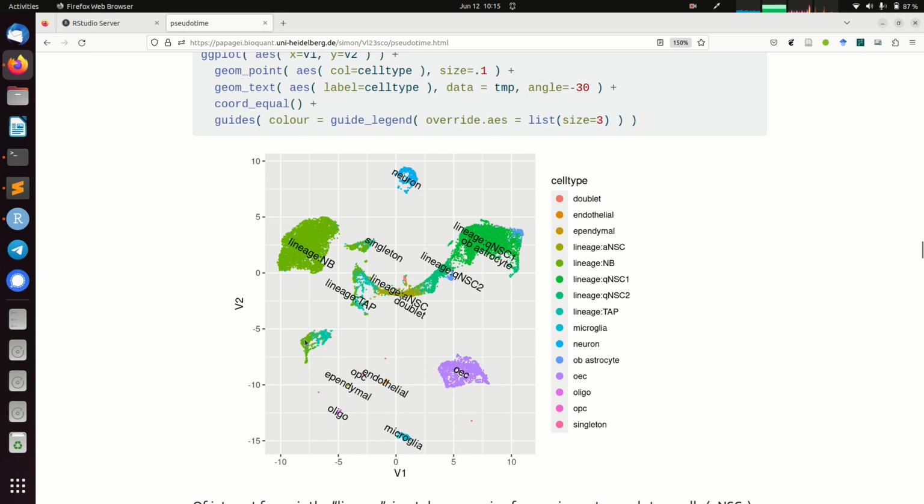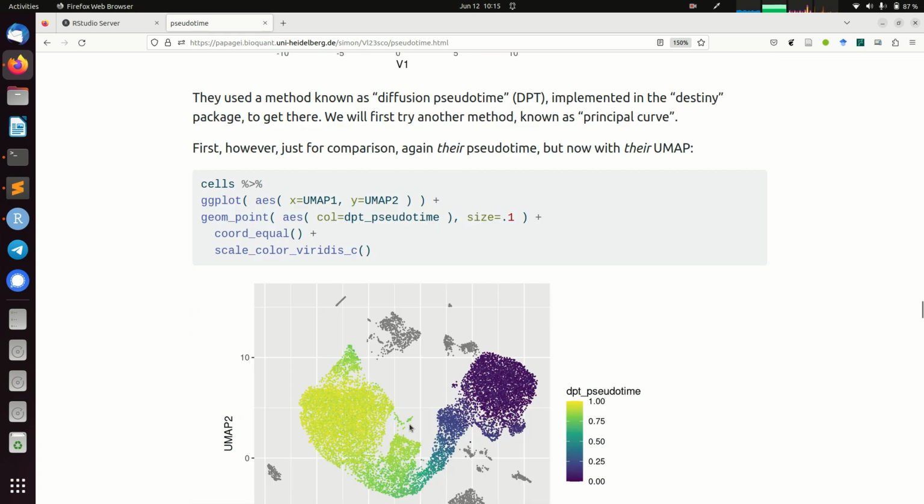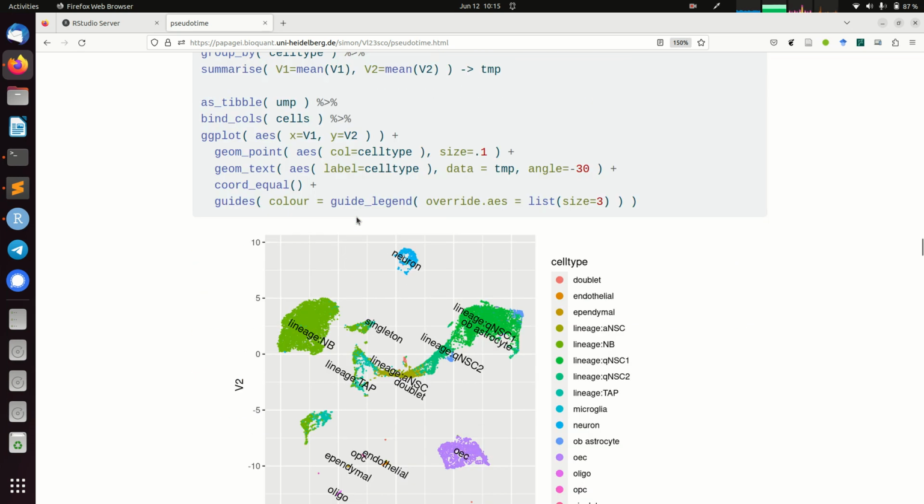But whatever, only a bit of other stuff. Interestingly enough, he ran his own UMAP, and his UMAP looks a bit different than ours. Maybe he used different settings in the pre-processing. For example, this gap isn't there here. But what I now want to do is I just want to look at this lineage from quiescent stem cells type 1, type 2, activated stem cells, TAPs and neuroblasts.